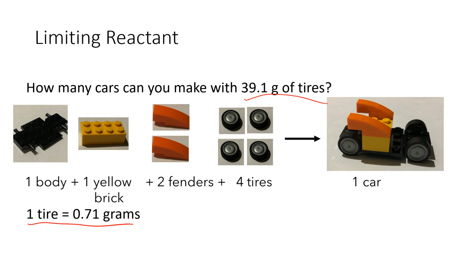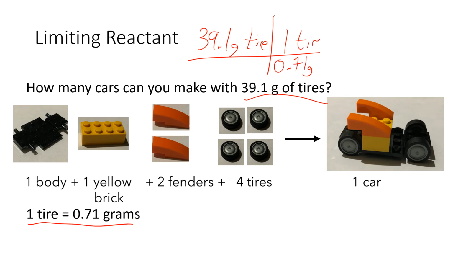So if we can change this 39.1 grams of tires into the number of tires, we're going to know how many cars we can make. So we know there's 0.71 grams in one tire, right? So that turns out to be about 55 tires.